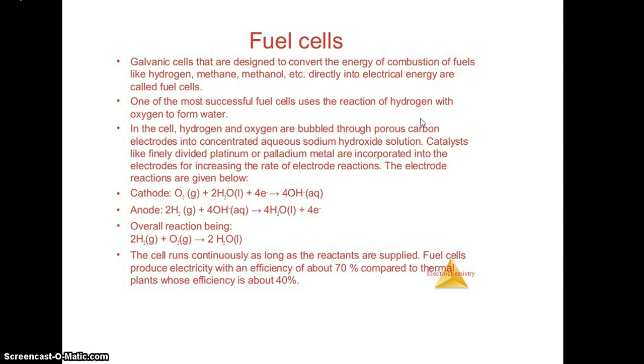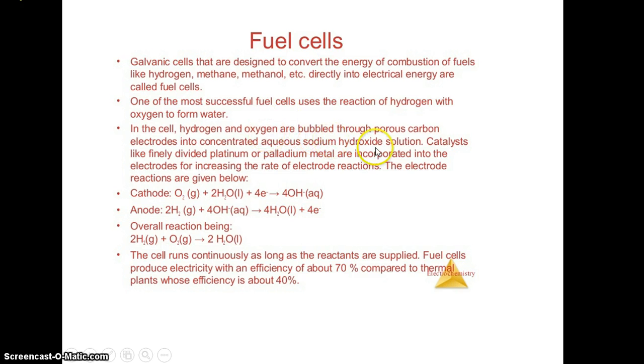Another kind of cell is the fuel cell. A fuel cell is one kind of energy source where the combustion of fuels occurs and it is directly converted to electrical energy. The most important fuel cell is the hydrogen oxygen fuel cell, the H2-O2 fuel cell.